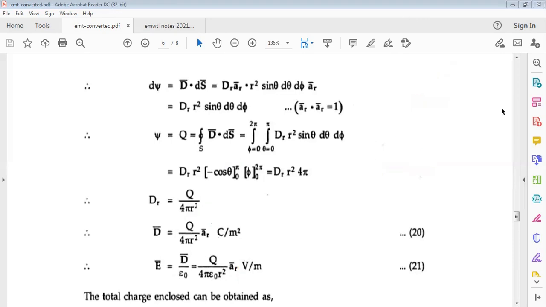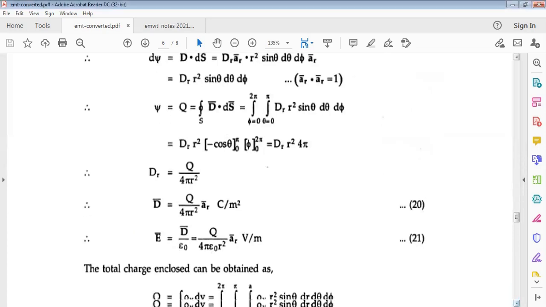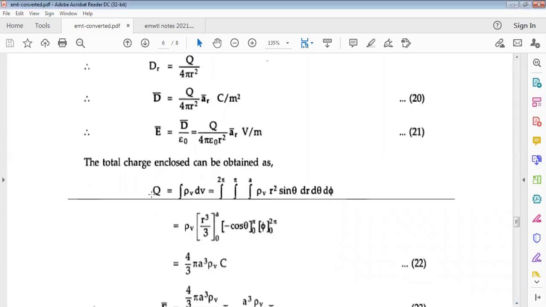Now the total charge enclosed can be obtained as Q is equal to the integral of rho v dv. This is a formula we know, my dear students: dQ by dv is equal to rho v, so dQ is equal to rho v into dv.